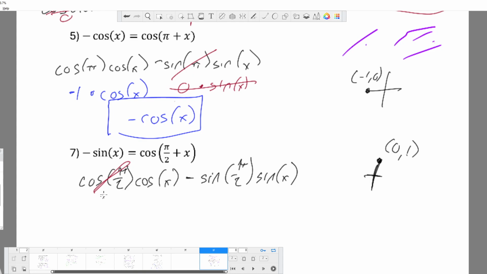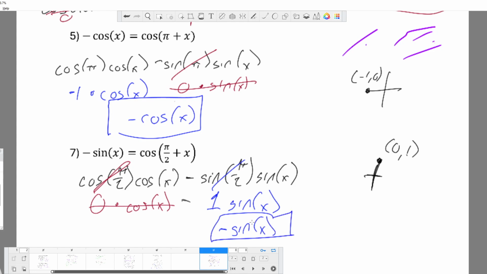So cosine goes to 0. Sines will go to 1. And we can see we got our -1 sine x. And that wraps them up.